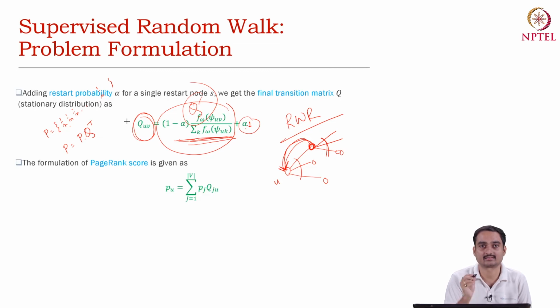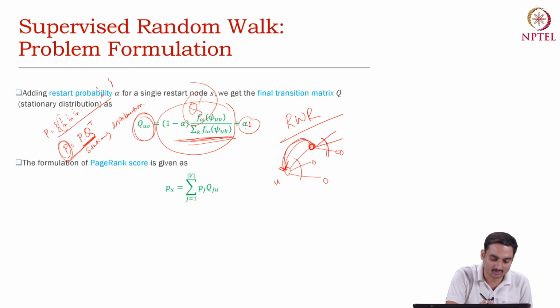You would reach a stage where even after multiplication you get the same P, and that's called the stationary distribution. So at the end of the day you would have a P which gives you the stationary distribution, with a probability associated with every node. So the size of this vector is n.